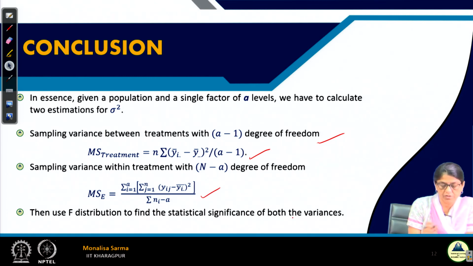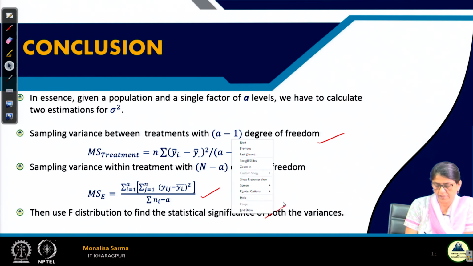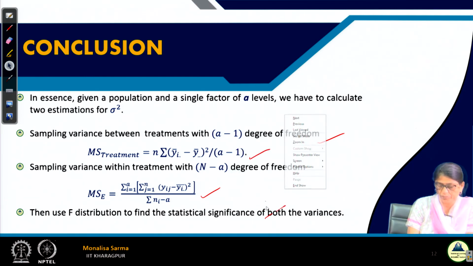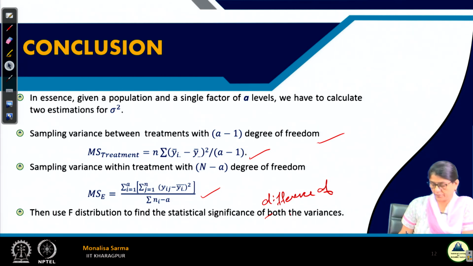Then use the F distribution to find the statistical significance of the difference of both the variances.